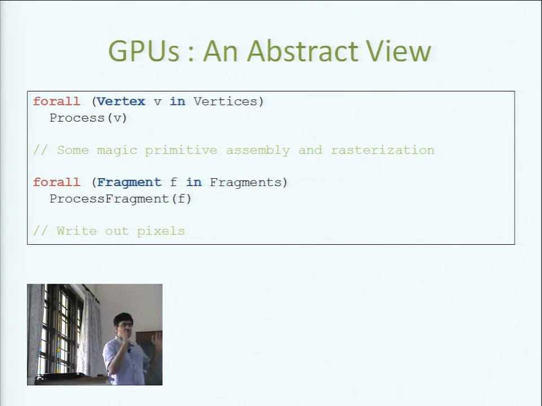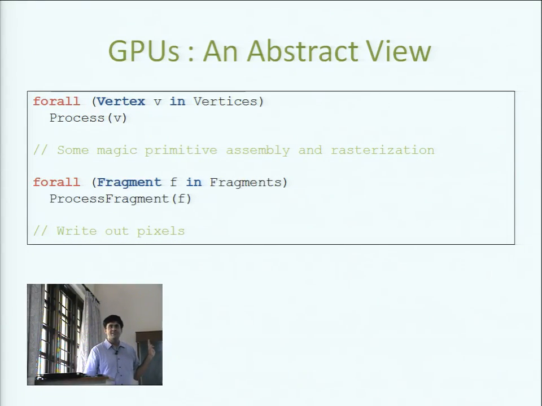And then you do some magic, which assembles the primitives and does rasterization and so on. And then you end up with fragments, and you want to shade these fragments. So again, you pick each fragment that you have, and you do something on it. Maybe change the color, do whatever, right? So essentially, this is two loops: one over the vertices, one over the fragments, right?